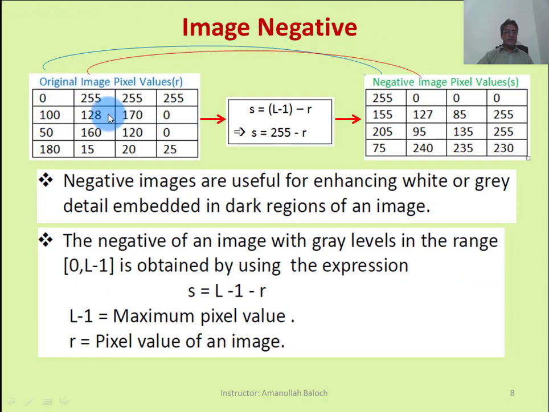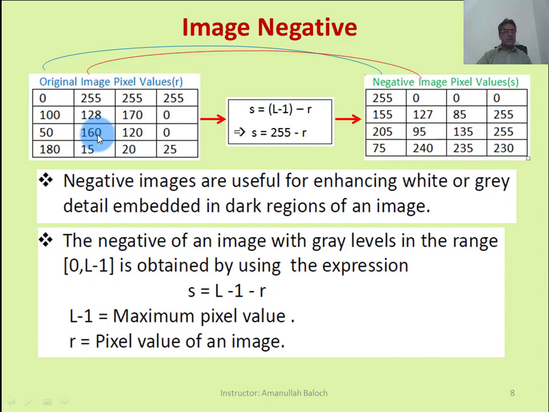Let's suppose this is a 4 by 4 original image, with pixel values represented by R. This first location's gray value is represented with R. Here R is equal to 0, here R is equal to 255, here R is equal to 128, here R is equal to 50.